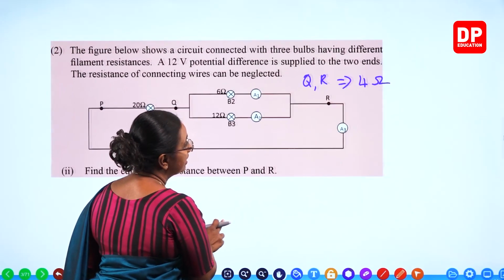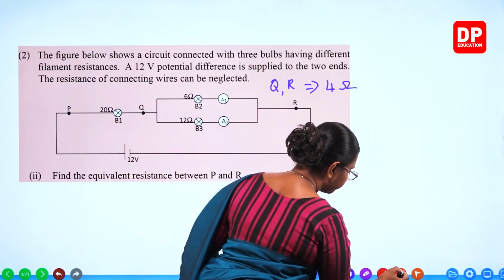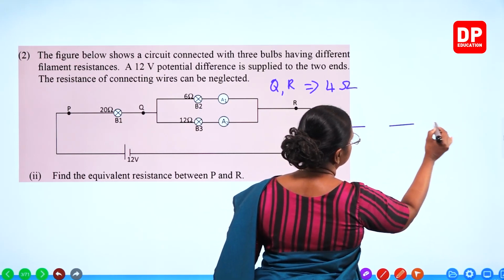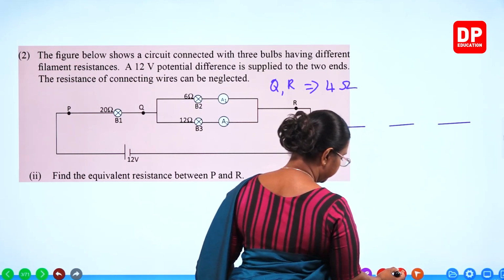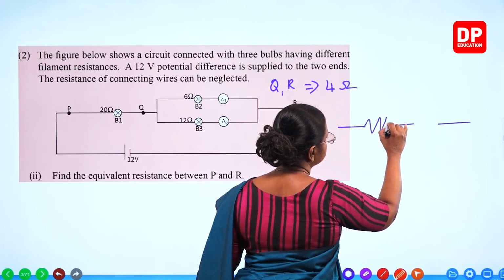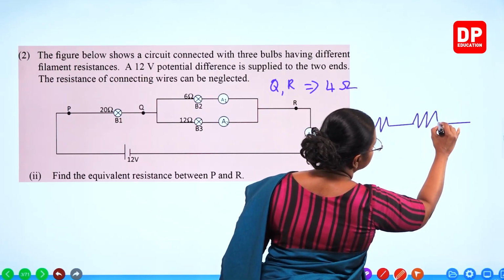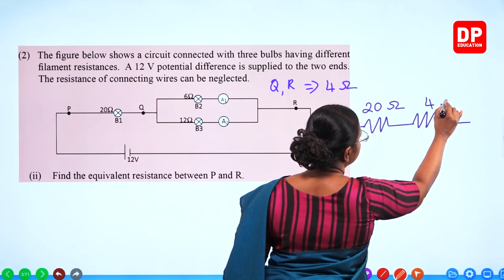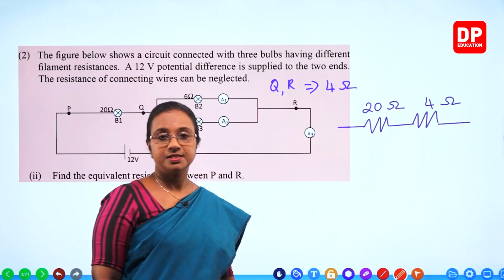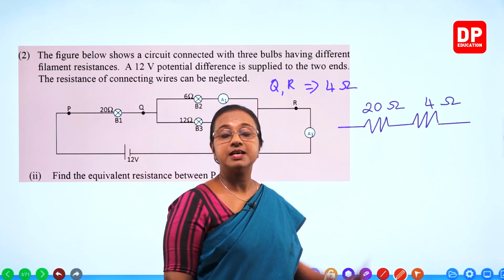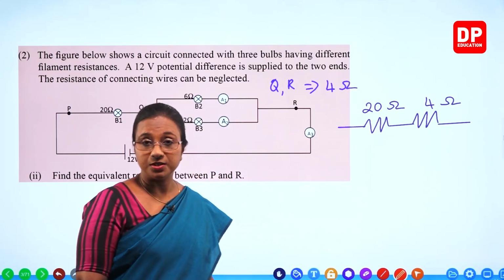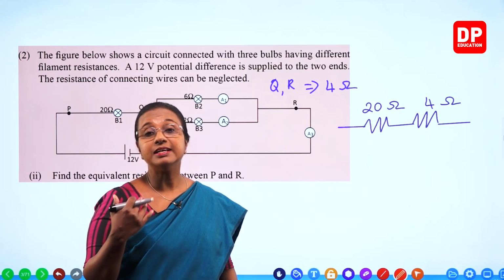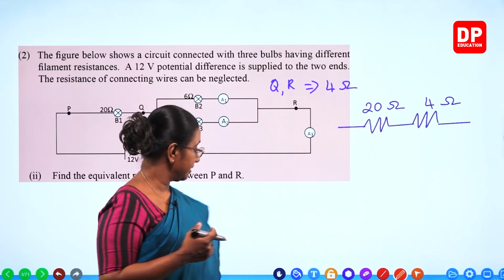So you can imagine this to be like this, 2 resistors. So 20 ohm, and we have found the 4 ohm resistance. So that is a series combination. Then you know what to do. You have to calculate it by adding the resistance of the resistors.